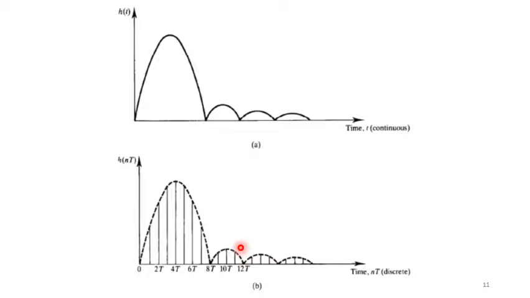If we meet the Nyquist criteria, there will be no overlap between the different replicas of the original signal. But if we do not meet the sampling criteria, then the replicas will overlap and we have a distortion that is called aliasing distortion.